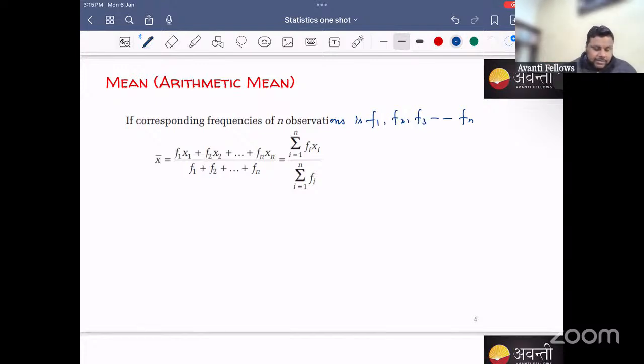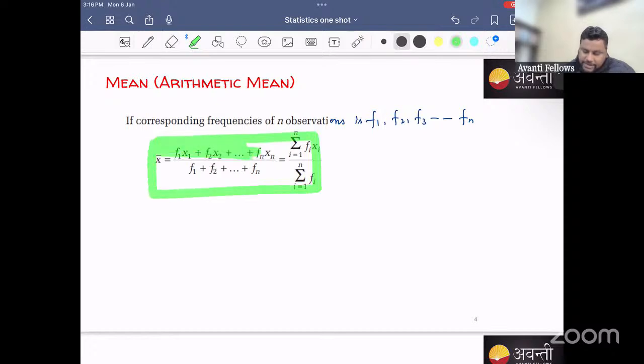Now, if the frequencies are f1, f2, f3 for the observations x1, x2, x3 up to xn, the mean is divided by the sum of all frequencies, or the total number of observations. So it is sigma fi xi upon sigma fi. This is the formula if the xi observation has frequency fi.